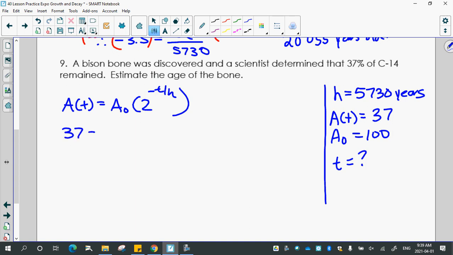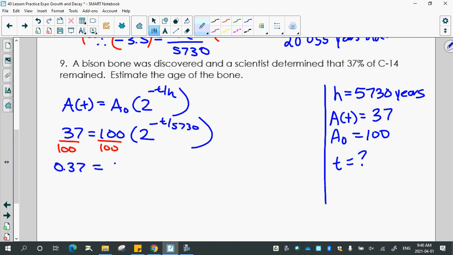So 37 equals 100 times 2 to the negative t over 5,730. Divide both sides by 100, or if you did it the other way, divide both sides by a sub 0. You get 0.37 equals 2 to the negative t over 5,730.